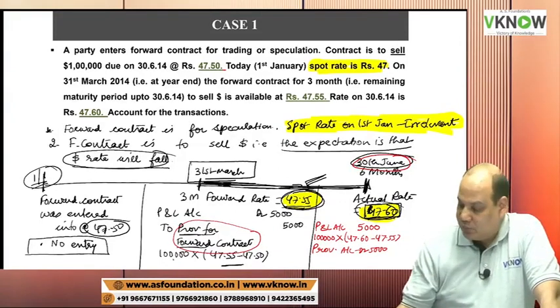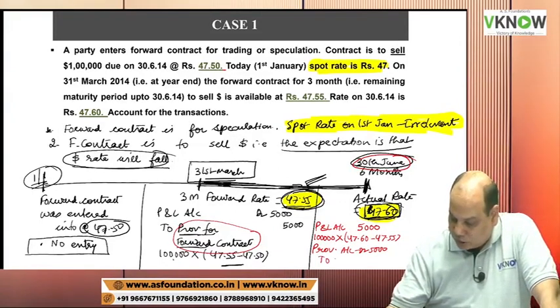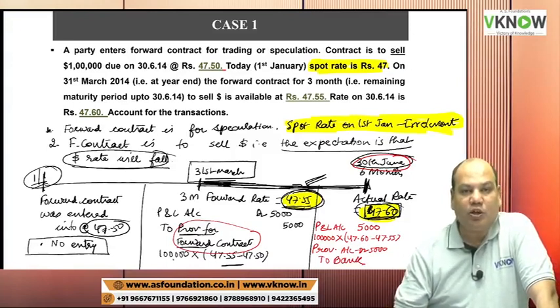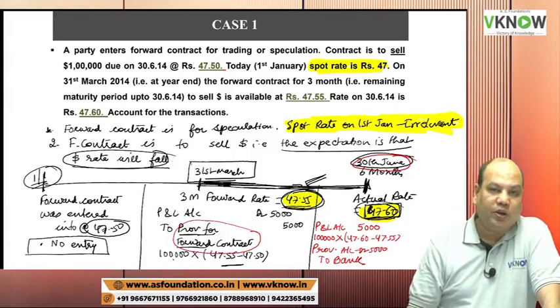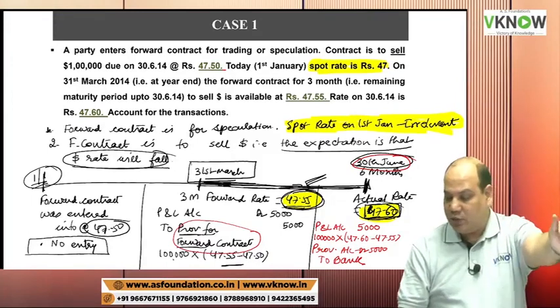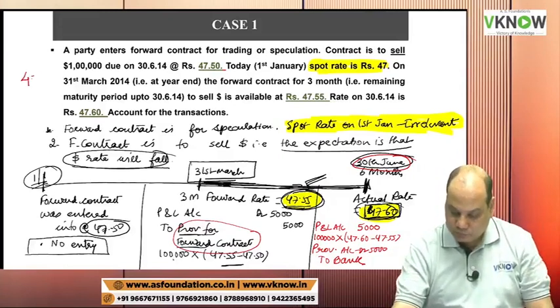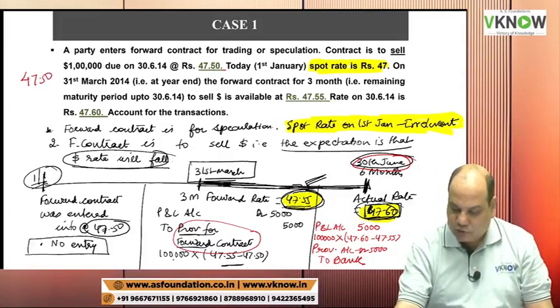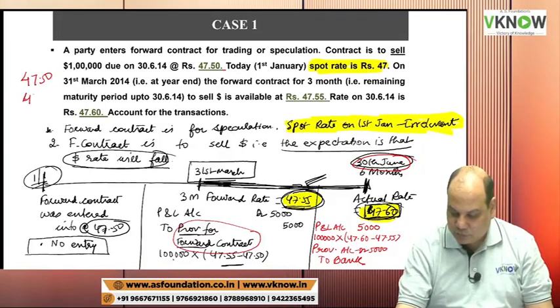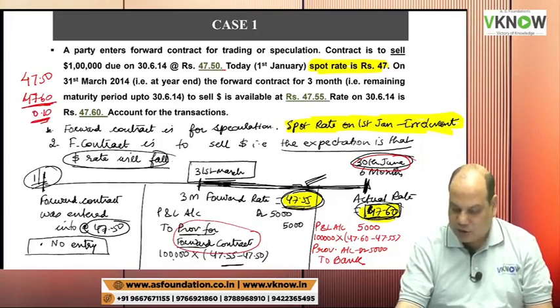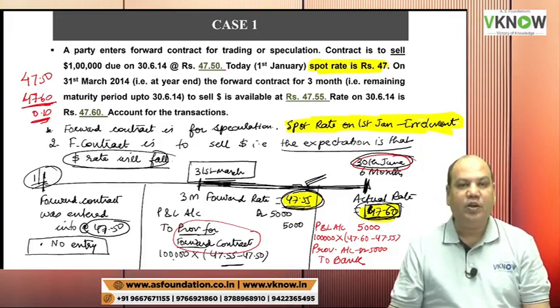Provision account debit 5,000 and to bank I will have to pay the loss. I was expecting the rate will go below 47.50, but the rate has actually gone up to 47.60. So I will have to pay the differential 0.10 to the forex dealer multiplied by 1 lakh.